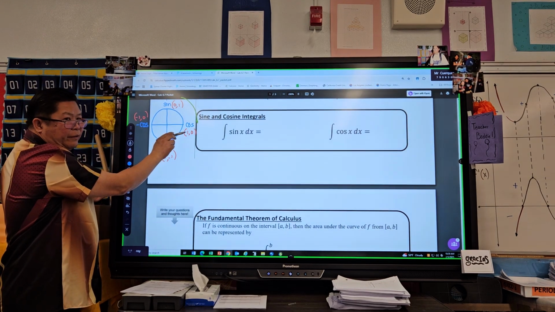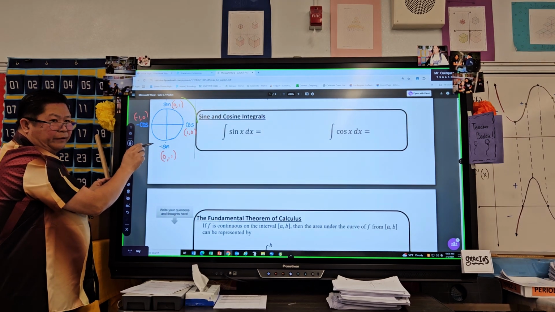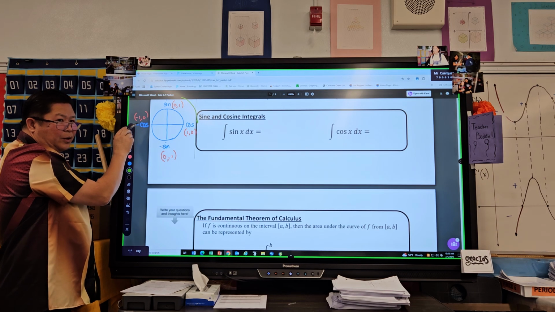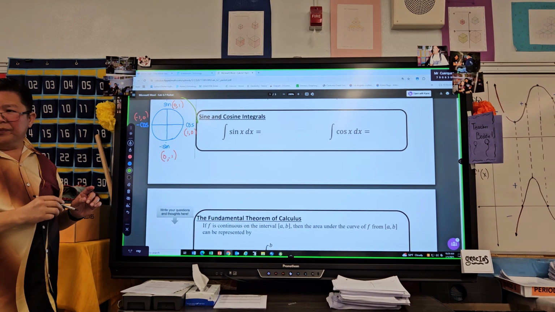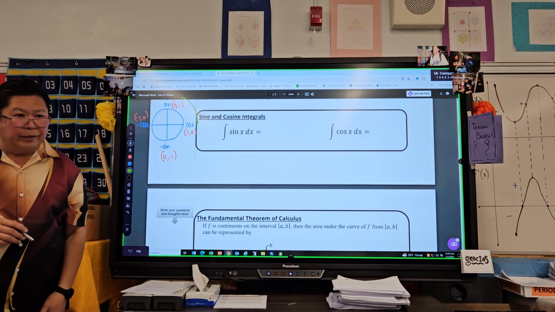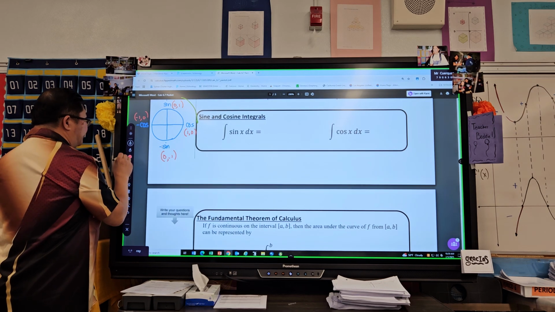What is the derivative of cosine? Negative sine. What is the derivative of negative sine? Negative cosine. What is the derivative of negative cosine? Sine. Clockwise direction. This time, antiderivative, so we do the reverse. Do you get me, guys?